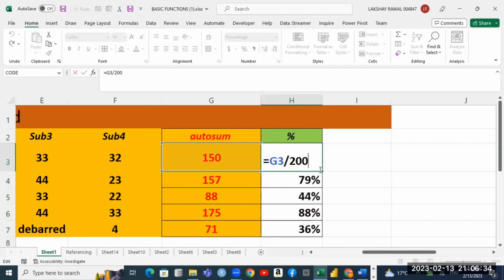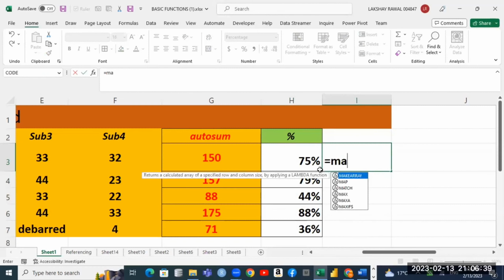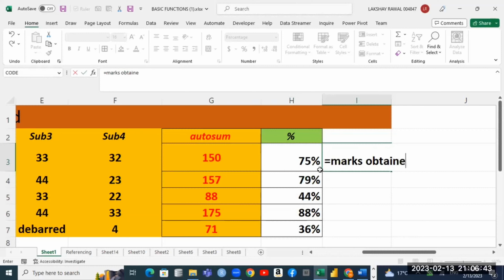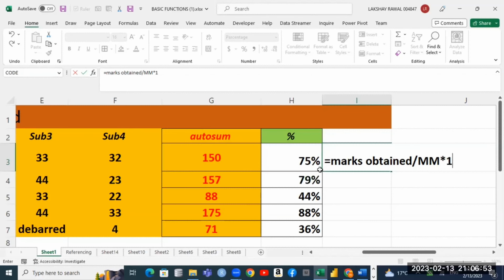Marks obtained divided by total marks or maximum marks, you can say. This is the formula. Yes, ma'am, into 100. Generally, we do like this in the notebook. So what I'm saying, how much did he score? 150 out of 200.